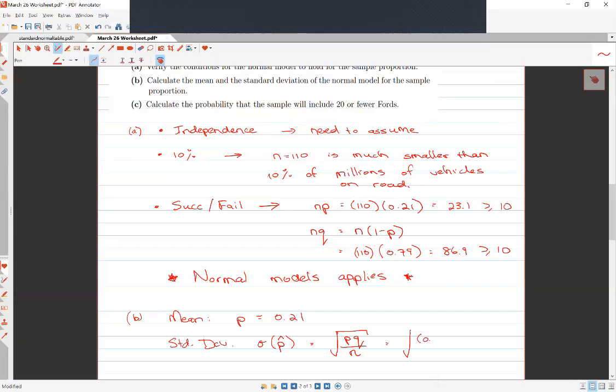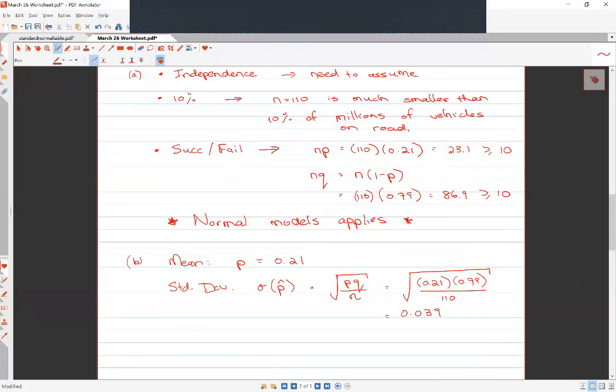So in this case, it's 0.21 times 0.79 divided by sample size of 110. And if you plug all of that into your calculator, you will get 0.039. So the normal model I'm working with here, the peak of the bell curve is at 0.21, and it has a standard deviation of 0.039.